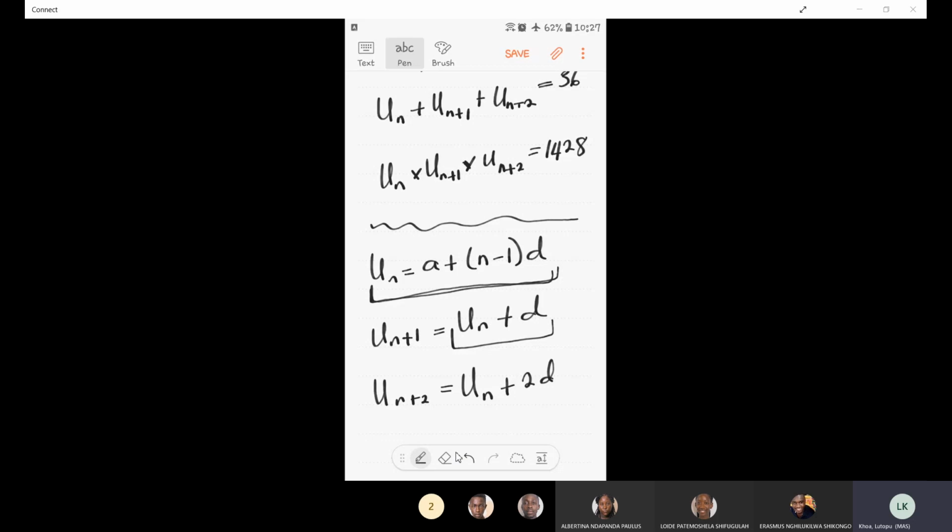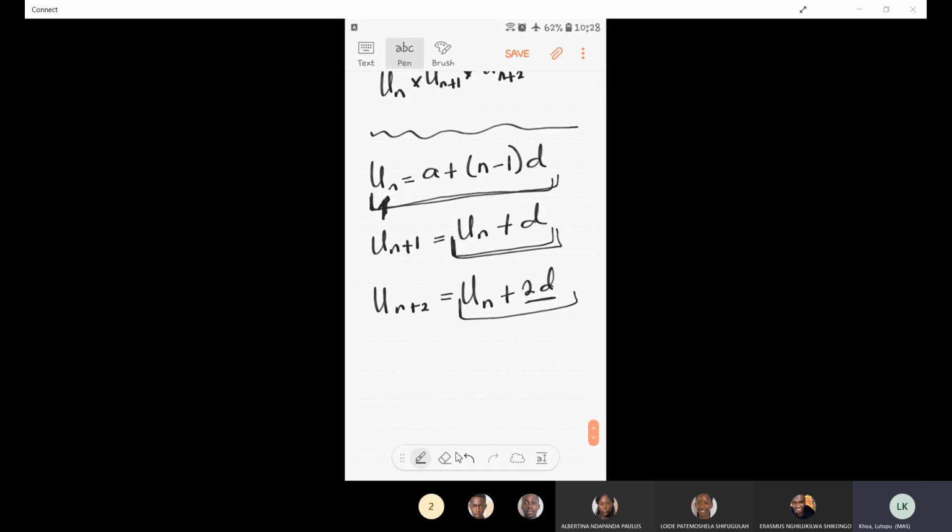To get the next one, because I'm talking about consecutive terms, they follow each other, I must just add d, and the one after that, I add another d. That means I add 2 d's to the first one. Then when I add all these 3 terms together, the first one, the second one, and the third one, the answer must be equal to 36.